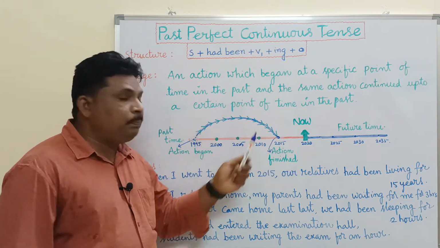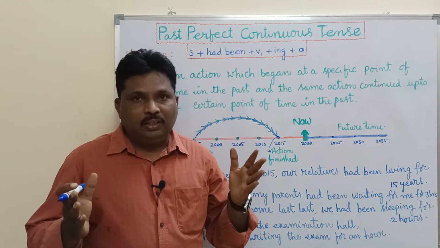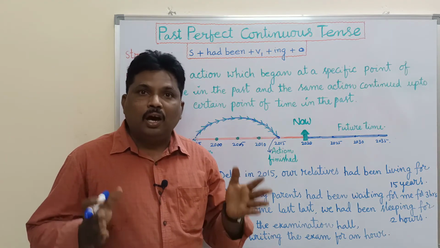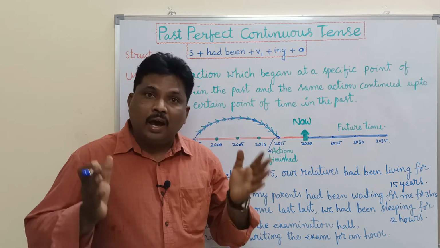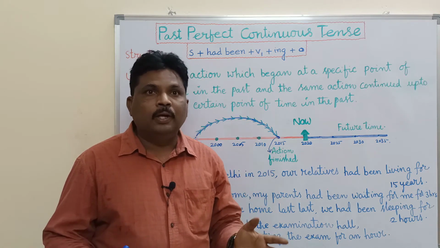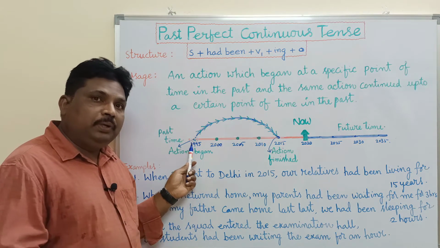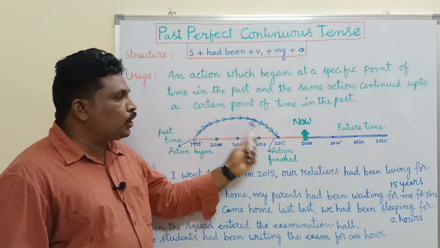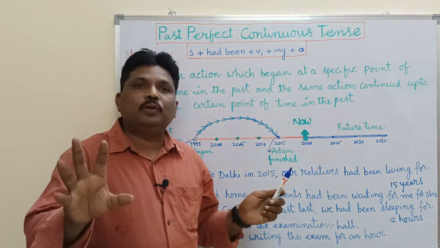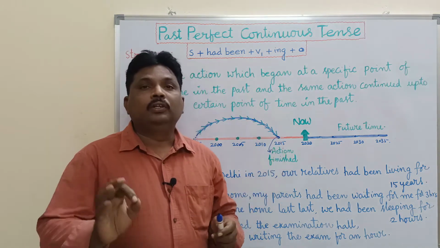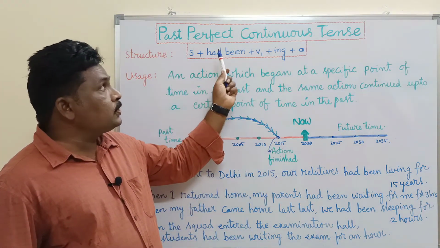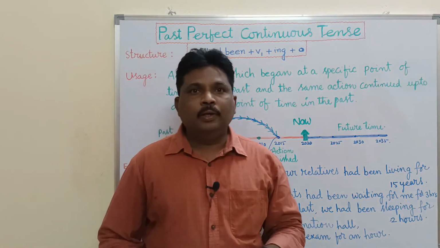The considerable period of time may be in years or months or weeks or days or hours or minutes. So when at a particular point action began and the same action continued up to some specific point of time in the past, then only past perfect continuous tense is used.